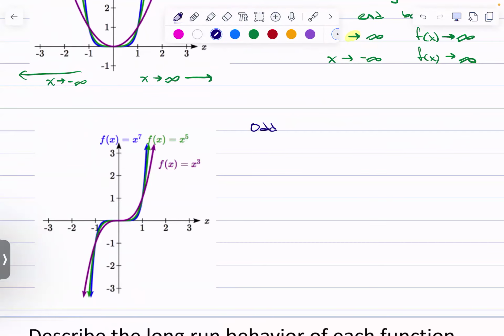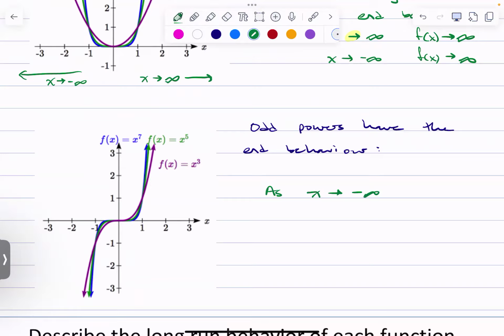So odd powers have the end behavior that as x goes to positive infinity, and so really what you want to do is you want to take your x's and kind of increase them, move them towards infinity, which is just to the right, but following the line instead. f of x is going to go to positive infinity.